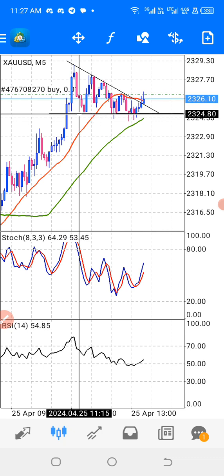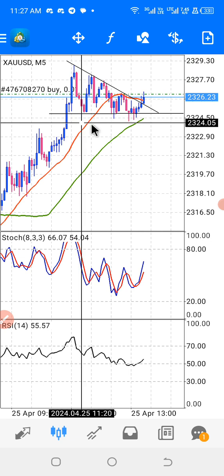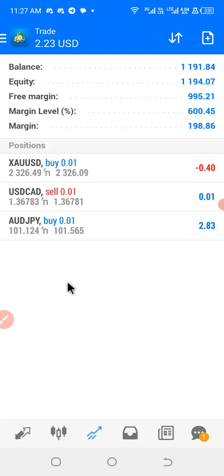I think it's better to place this stop loss here, smarter, below this major low. That gives me 2324.05.